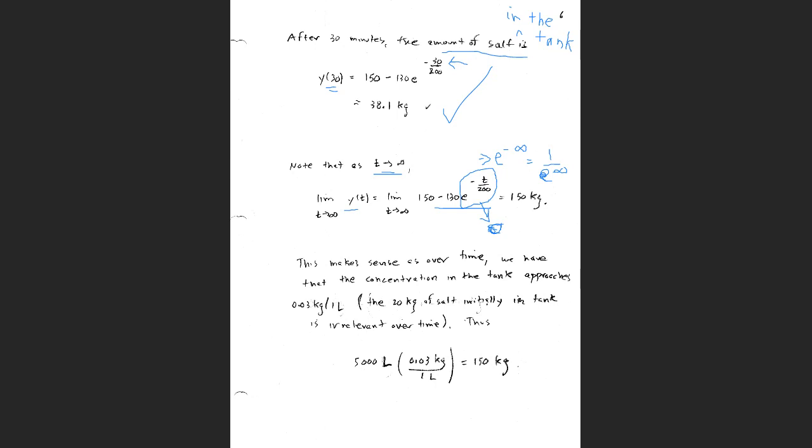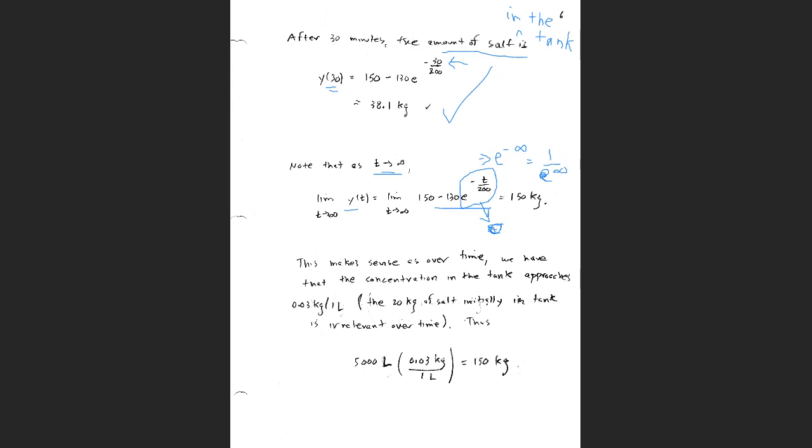And in that example, they have a figure, figure 10 in section 7.3, example 6. It shows the graph of the function y of t and how the salt content approaches 150.